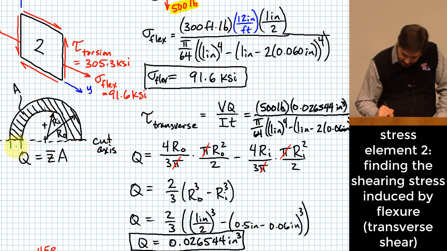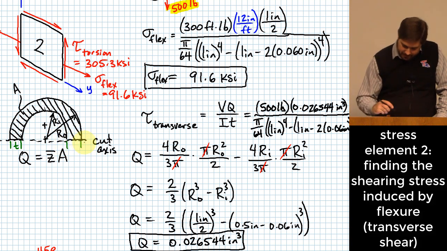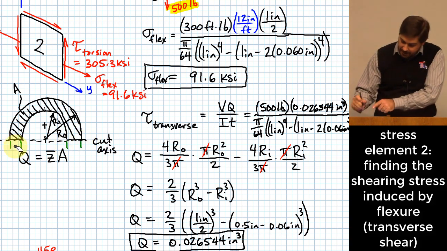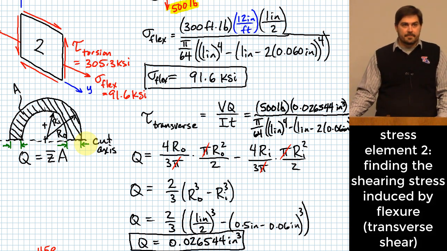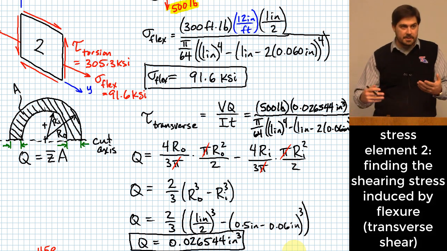Actually, I shouldn't say that. The T value that we're coming up with is equal to the sum of those two thicknesses, right? So instead of just being 60 thousandths, it's 2 times 60 thousandths.